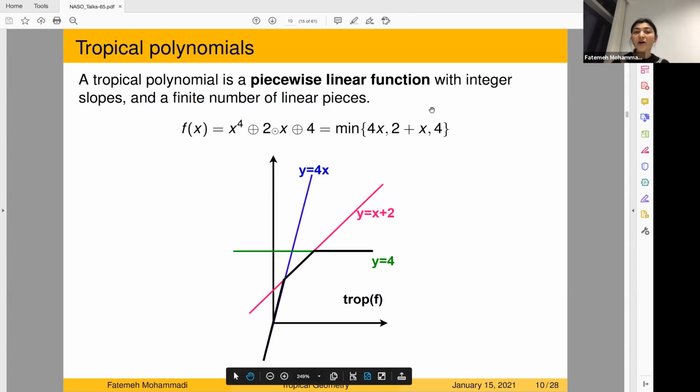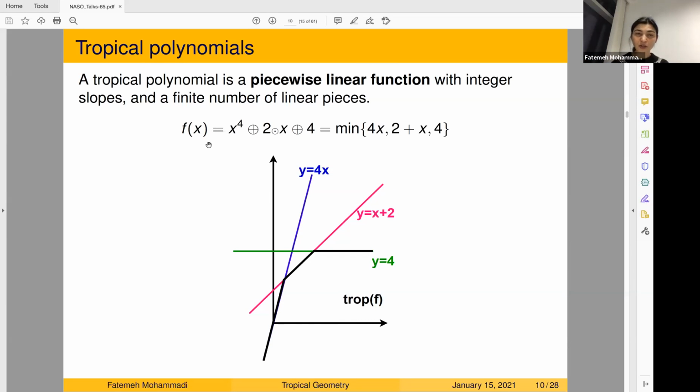So my tropical picture is going to look like this black curve that I have drawn here, which, as you see, is a piecewise linear function. So that means there's a bunch of broken lines here, like in the picture, right? Okay. So this is how we would look at the tropical polynomials, right?